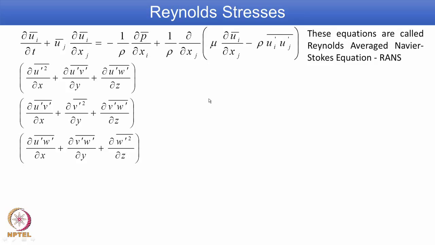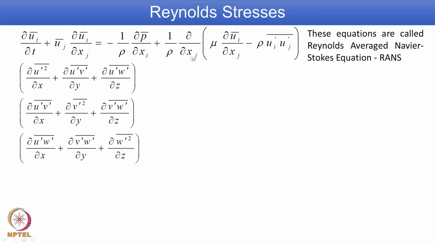Now, in expanded form, by substituting values for i and j following the index notation guideline, for example ui prime and uj prime, we substitute i going from 1 to 3 and j going from 1 to 3, we get u prime squared, u prime v prime and u prime w prime.